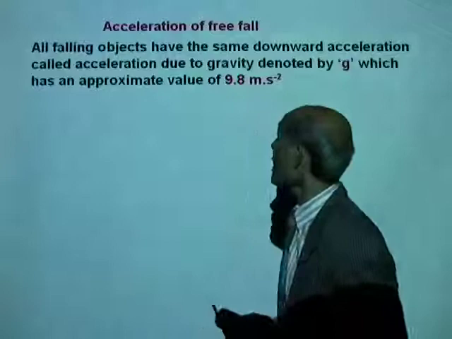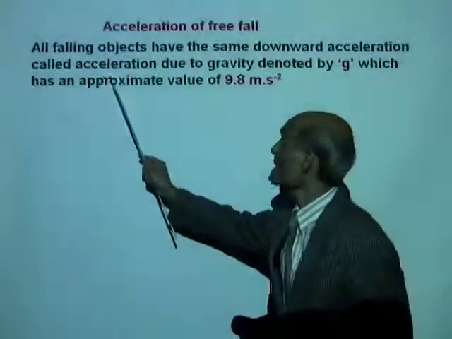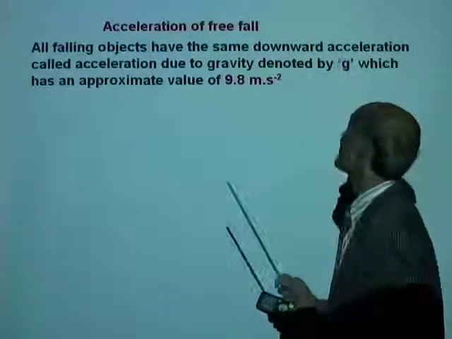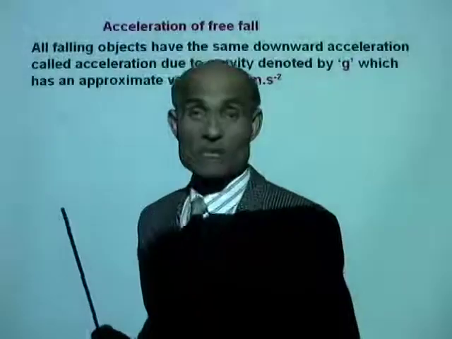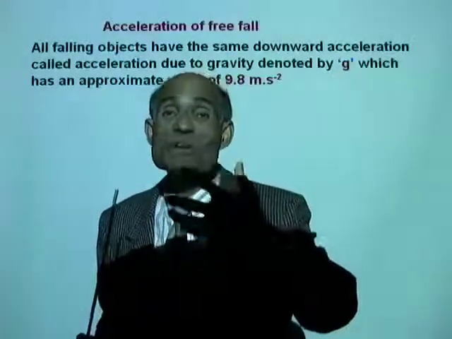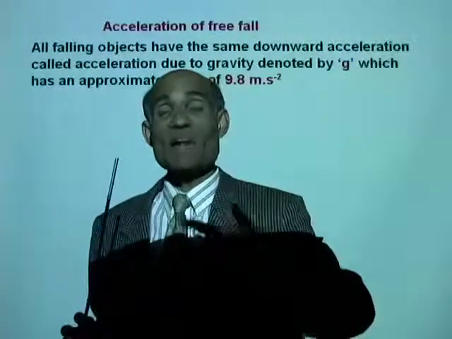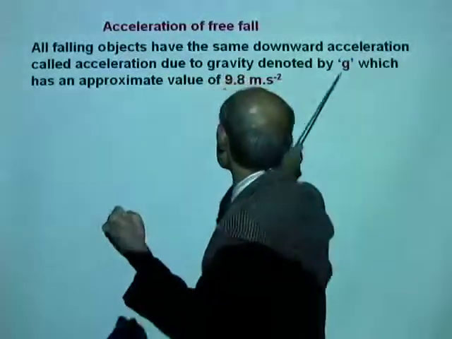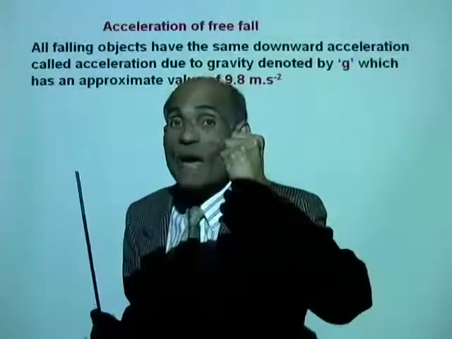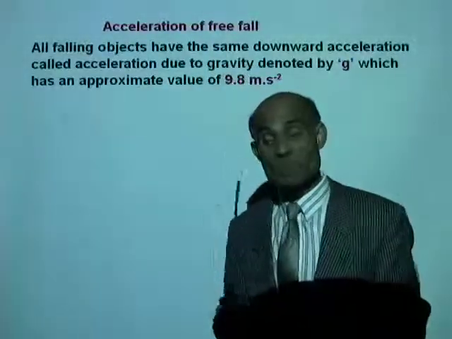All falling objects have the same downward acceleration called the acceleration due to gravity, and we will represent that by the letter G. So, in place of A, when you want to deal with objects that are thrown up or down, that are subjected to this acceleration of gravity, we will replace our A by G. And this acceleration has been measured.